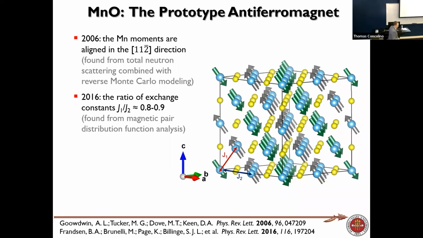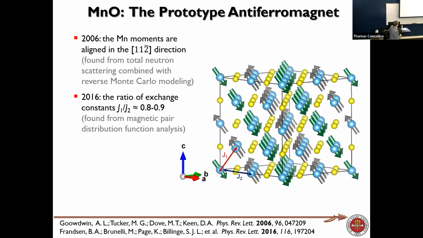It's an alternating antiferromagnetic structure. And one would say, well, everything's known about manganese oxide, but actually it's quite surprising. There are still very important papers coming out. So these two PRL papers that came out in the last 20 years first established that magnetic moments of manganese are oriented along the 1-1-2 bar direction, and that was done by a combination of neutron scattering and reverse Monte Carlo modeling.